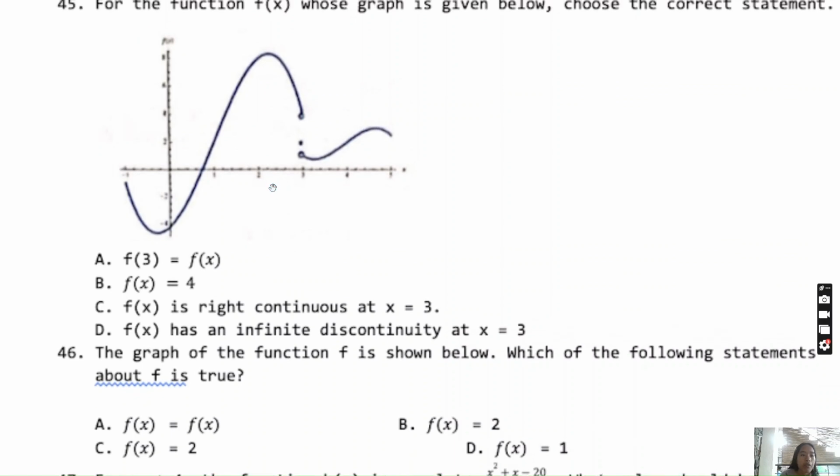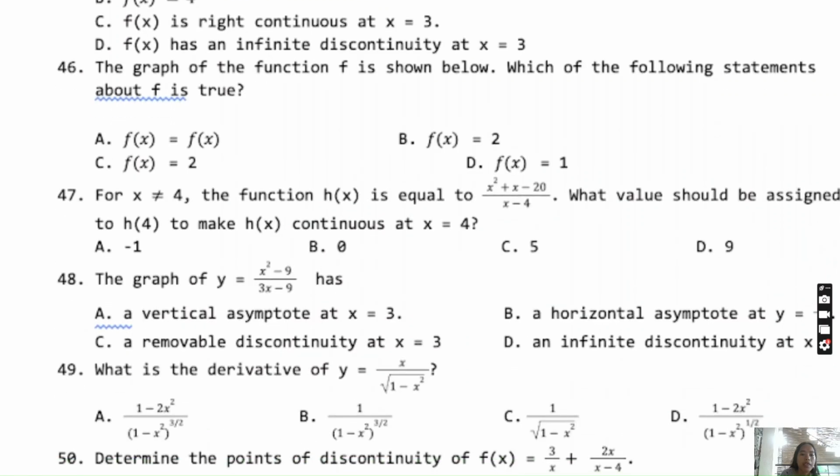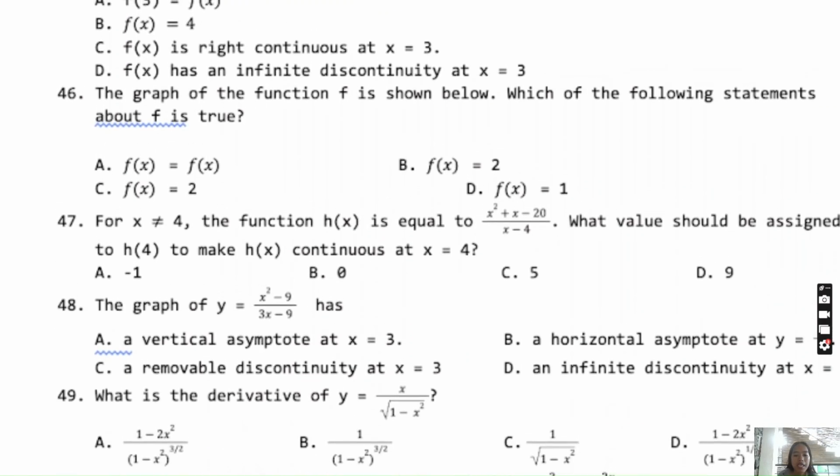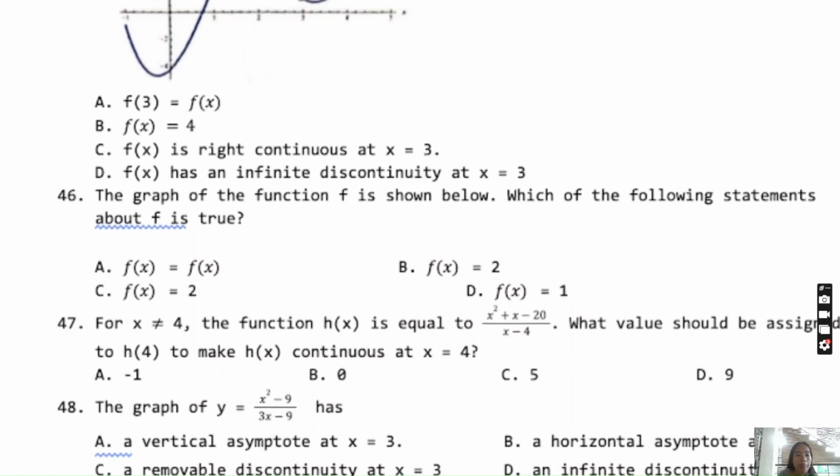So we are now in number 45. The function f of x whose graph is given below, choose the correct statement. So the answer of number 45 is letter C. F of x is right continuous at x equal to 3.